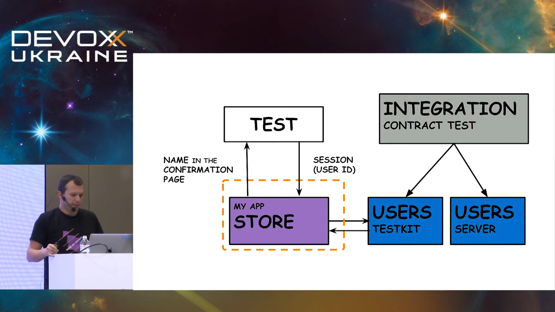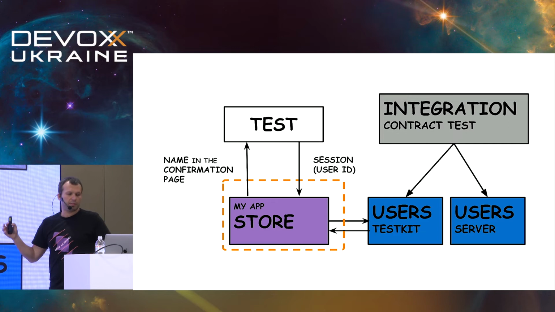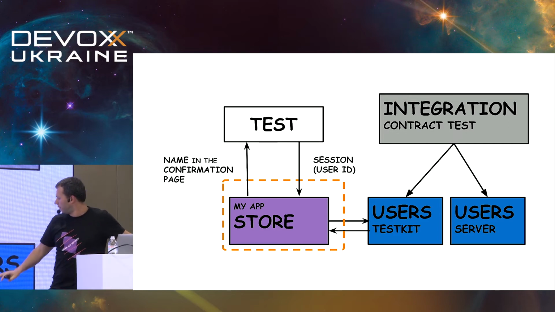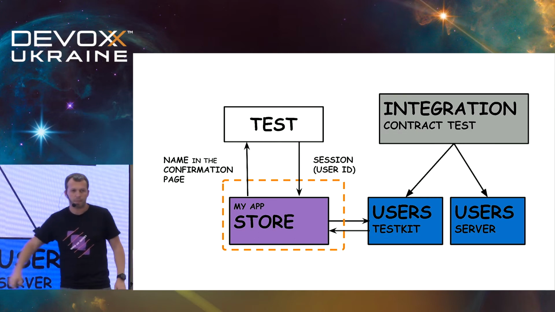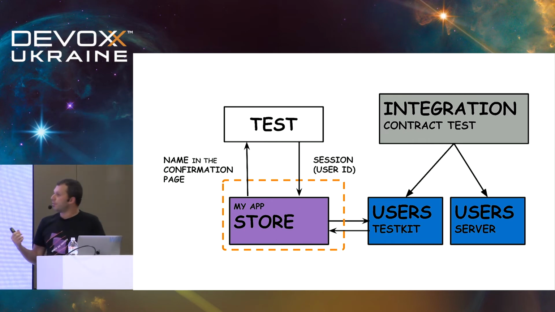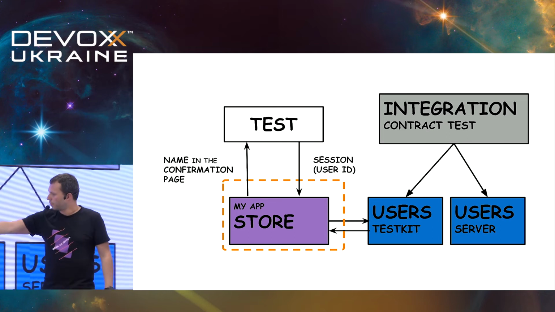Now, let's get back to the integration contract test. We are using the same technique here to verify that the user server behaves exactly like the user test kit. And why is that important? Because, let's think about the store application.